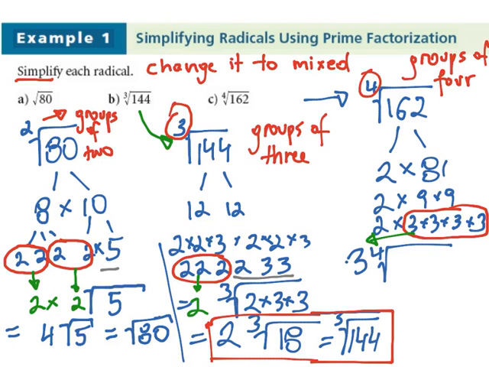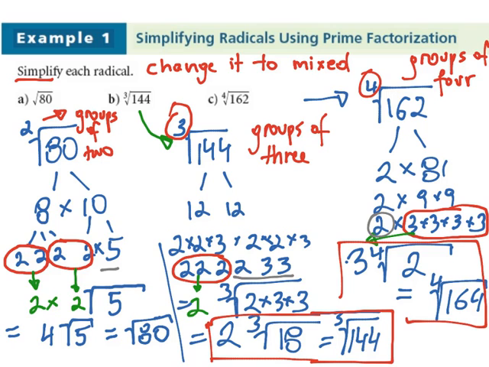And anything that remains that's not in a group, which in this case is 2, goes inside this radical. And this is equivalent to 3 times the 4th root of 2. You could check with your calculator.